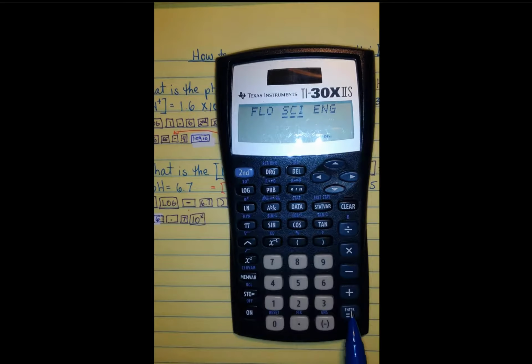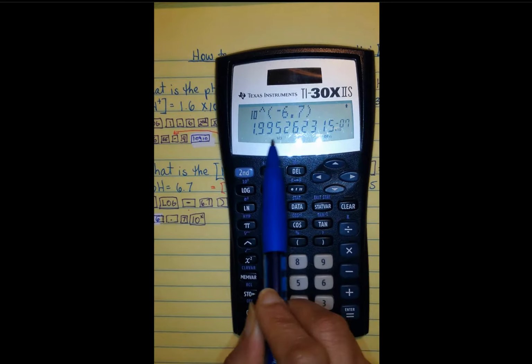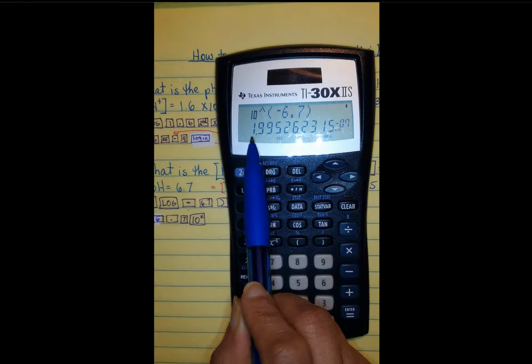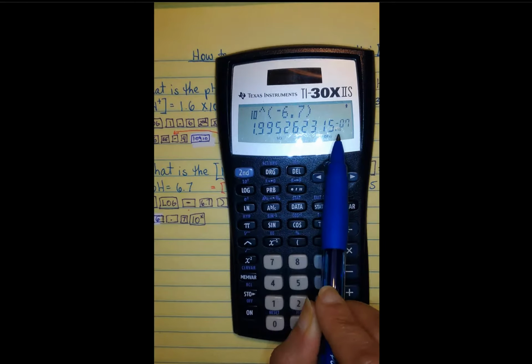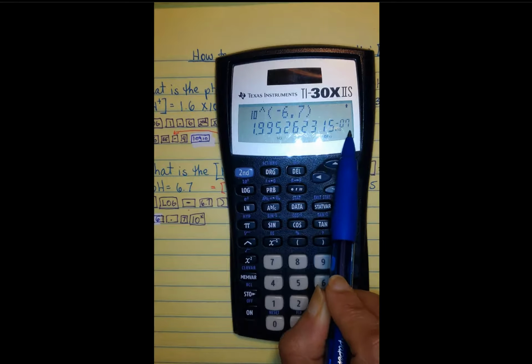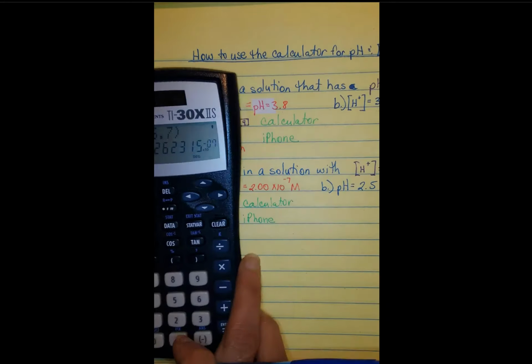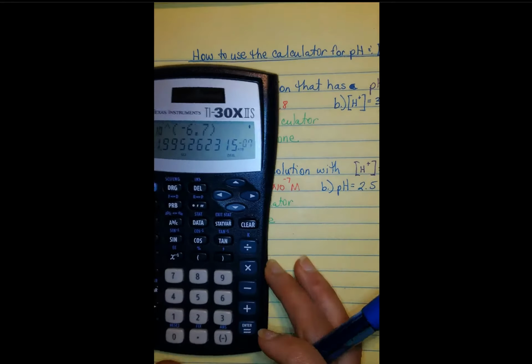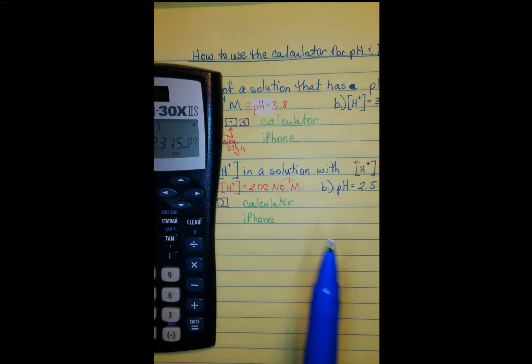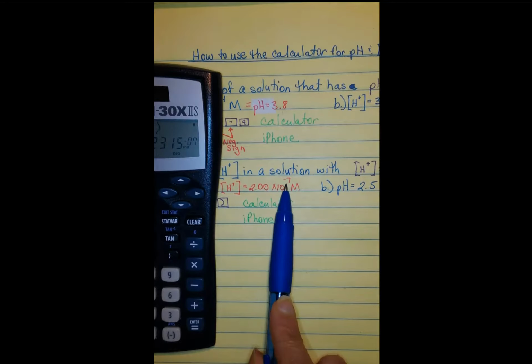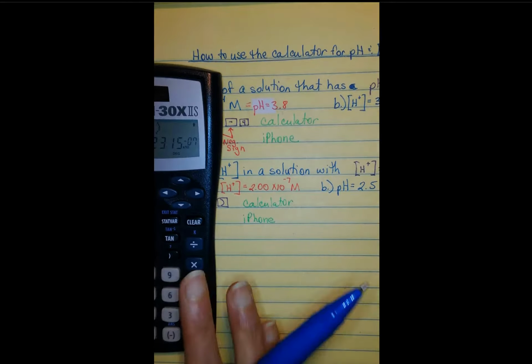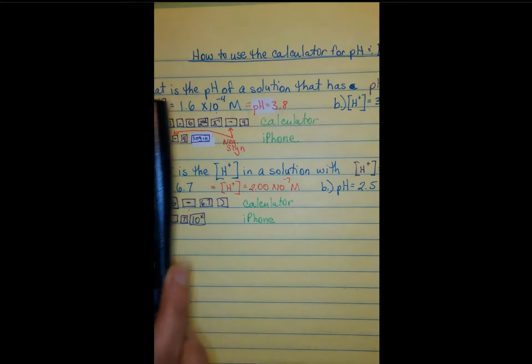Now press enter, and now your answer is in scientific notation. It's 1.99 times 10 to the -7th power. Of course, you can always round that 1.99 to 2.0 times 10 to the -7th molarity. Now this is using your regular blue scientific calculator.